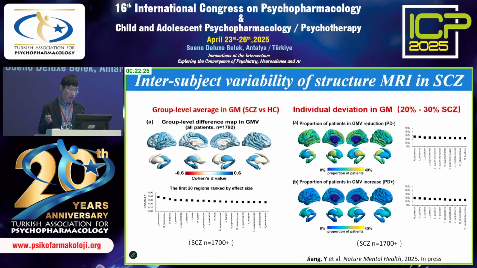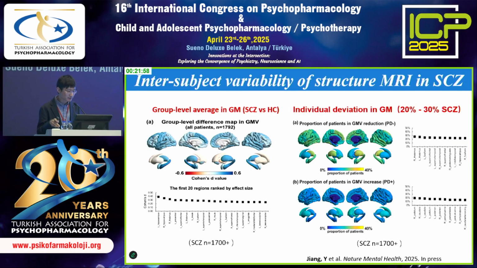This is our recent work this year. We compared the inter-subject variability in schizophrenia patients. We found that at the group level average, there is a slight brain atrophy in patients. But at the individual level, the atrophy of each patient is not consistent.